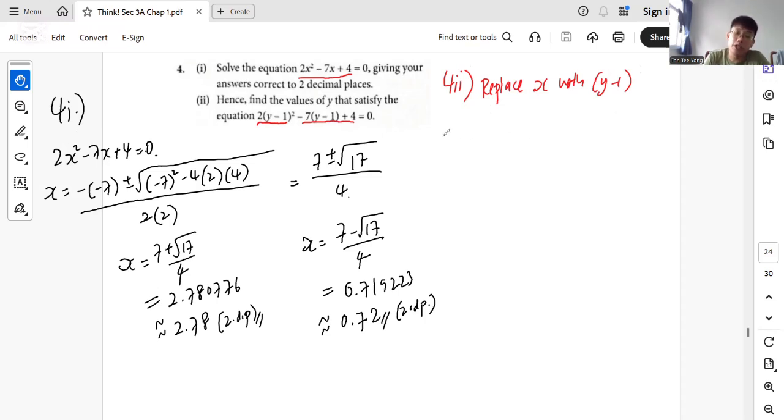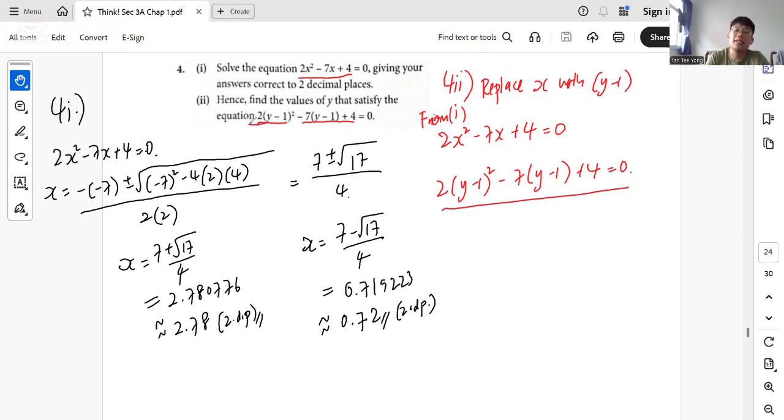From part 1, 2x squared minus 7x plus 4 equals 0, when you replace x with y minus 1, you will have this. That is exactly what they want here.